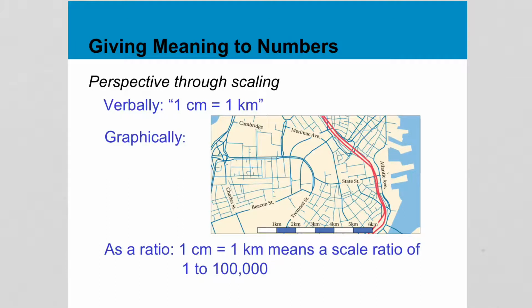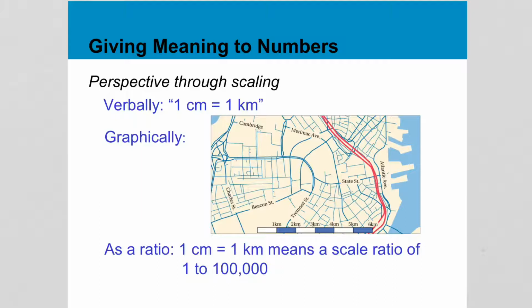Okay, let's look at some examples with maps here. So perspective through scaling. In this map here, 1 centimeter on the map is equal to 1 actual kilometer on Earth. So graphically looking at it, each little centimeter, like from here to here, would be about a kilometer.